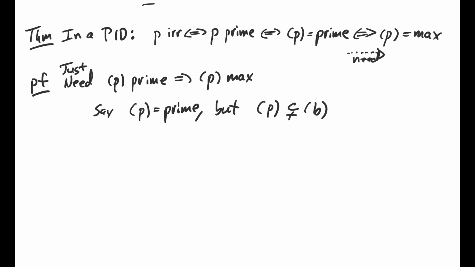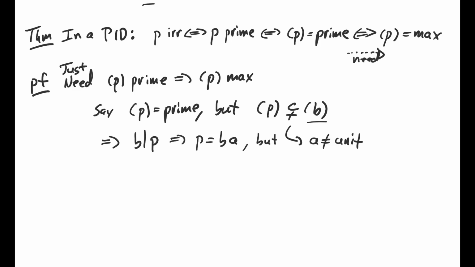But since we're in a PID, every ideal is principal, so that ideal would have to be generated by some element that we're calling B. So containment of ideals gives the reverse inclusion, which means B divides P, the same thing as saying P is equal to B times A for some A in your domain.